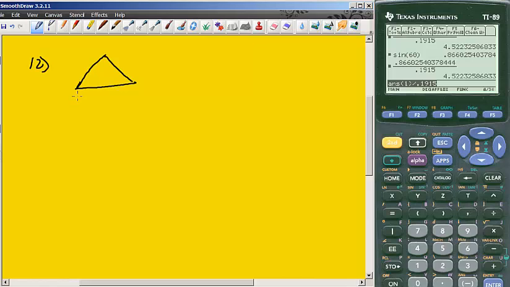Let's call this angle C, and let's call this the angle A, and call that angle B, and they're giving us 25 degrees for the C, and then they tell us side C is 1, and they tell us side A is 2. So we have an angle, and then we have a side opposite of that, which is 1.